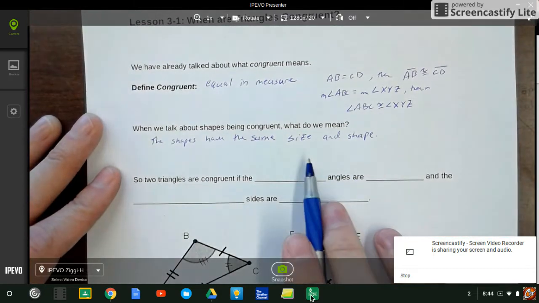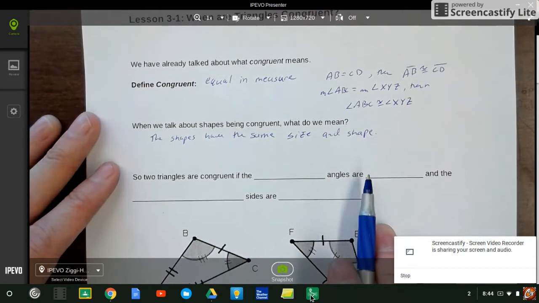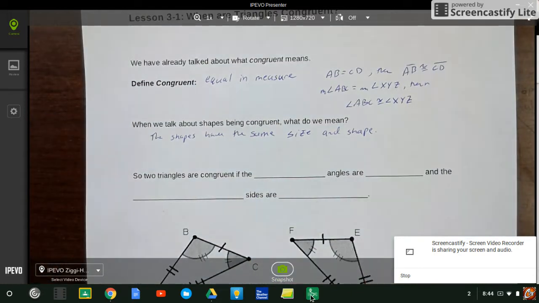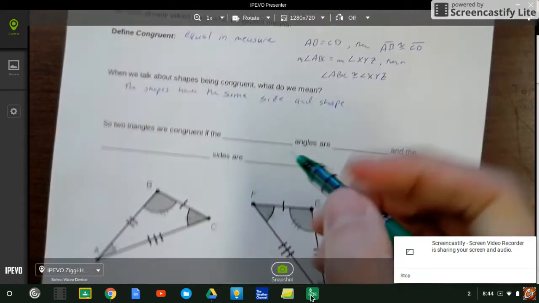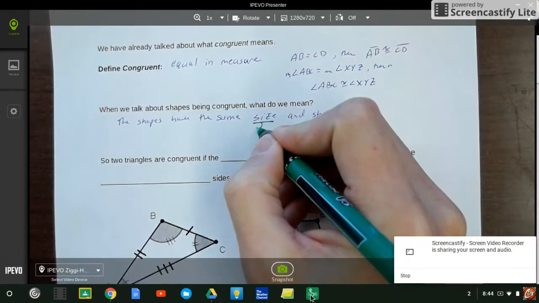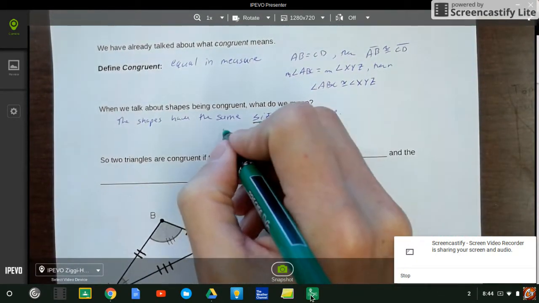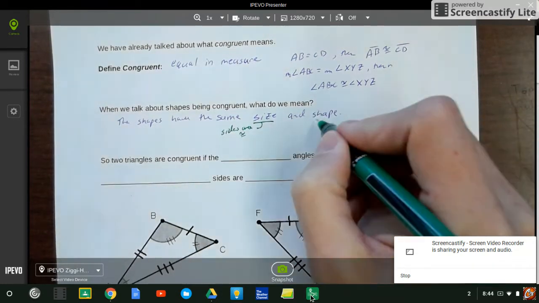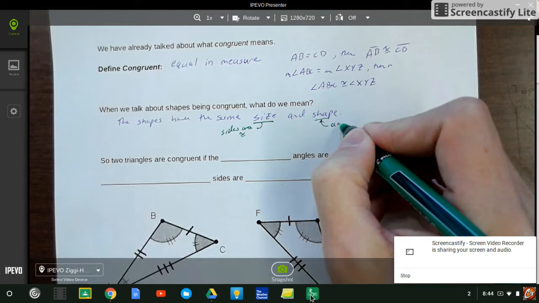And we say size and shape, but that really means a little bit more than just size and shape. Because when we say they have the same size, what that means is that the sides are congruent. When we say shape, we mean that the angles are congruent.